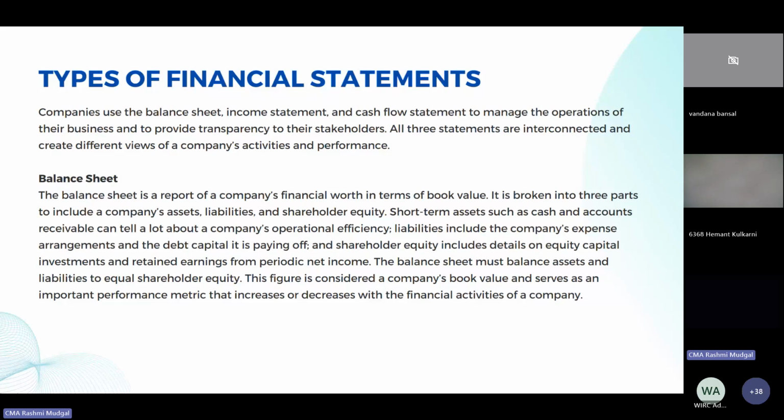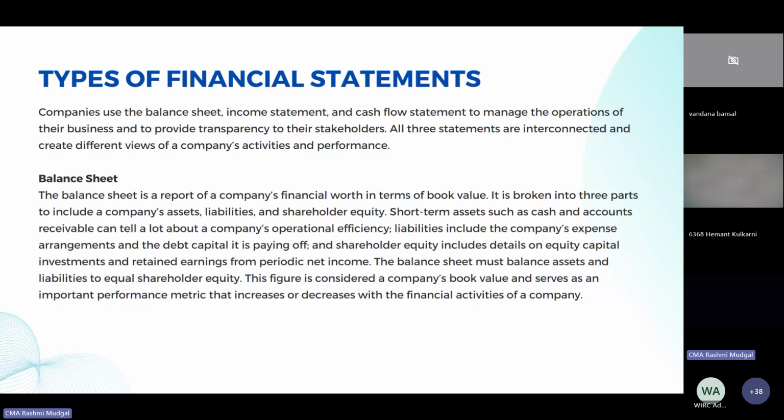All three statements are interconnected. Everything is interconnected, and each creates a different view of the company's activity and performance. In the income statement, I get to know how much profit we are earning. In the balance sheet, we get to know about the assets and liabilities.